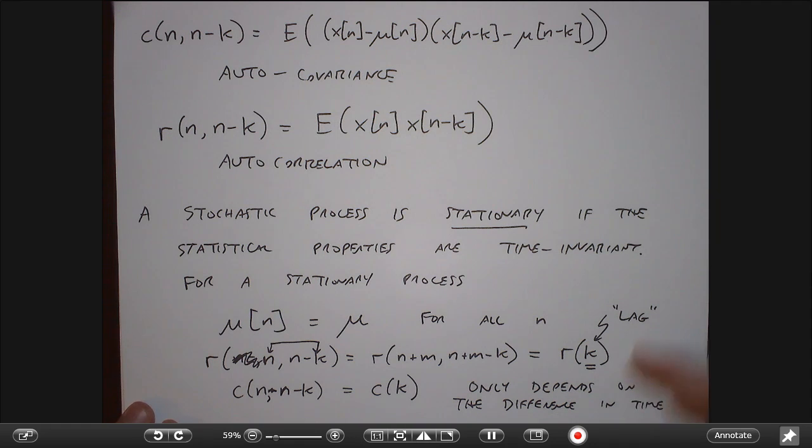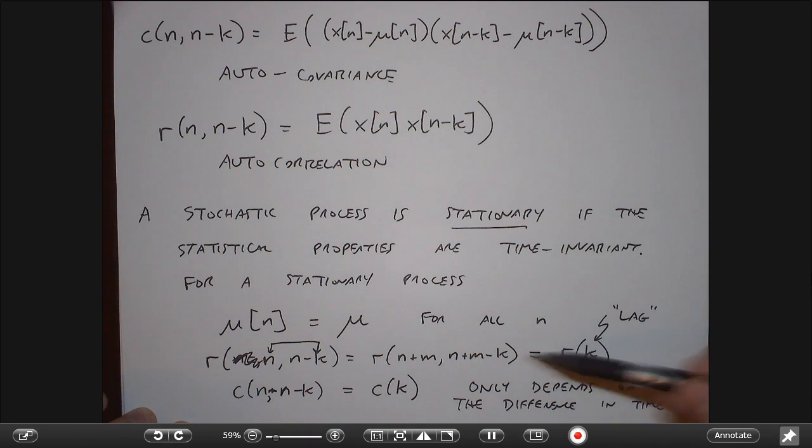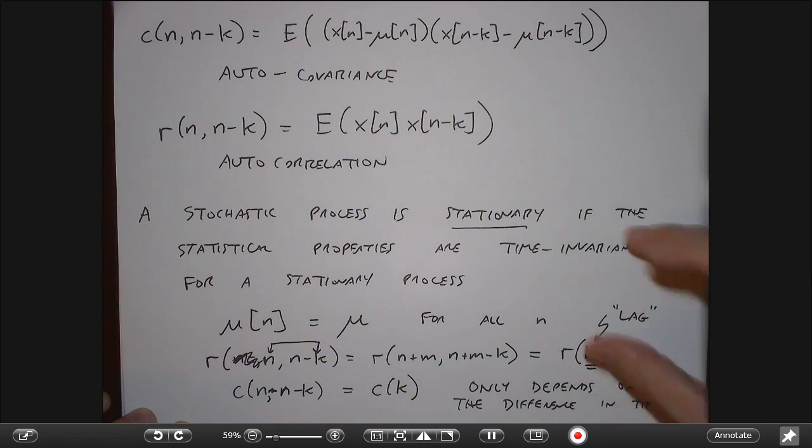And so this is kind of a generalization of what we mean by time invariance, right? So just to be careful, stationary is a much broader condition than this. So certainly if the process is stationary, these things are true. These things can be true, but that's not sufficient for the process to be stationary.